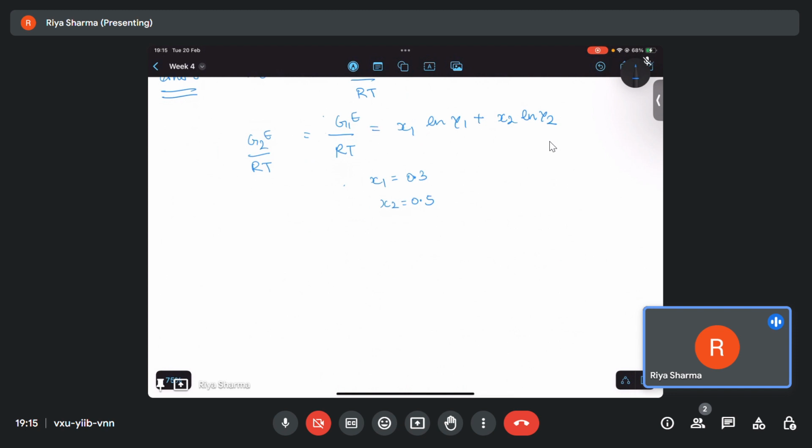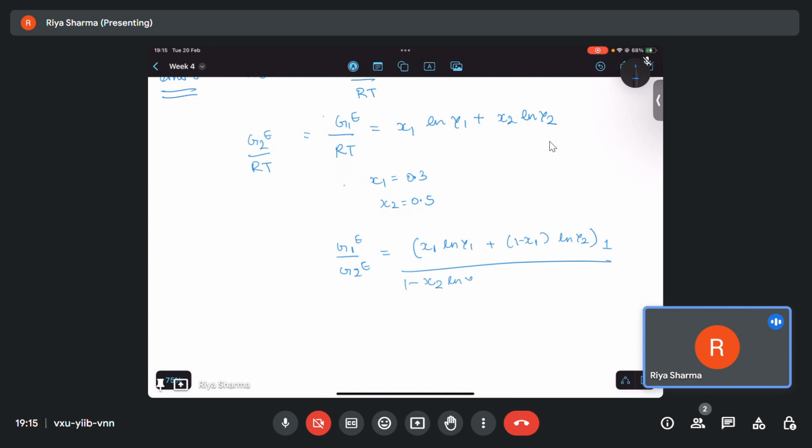Okay, so just trying to put, so let's see G1E by G2E. In the same way, ln of gamma 1 plus 1 minus x1 of ln gamma 2. And here it will be in terms of x2.